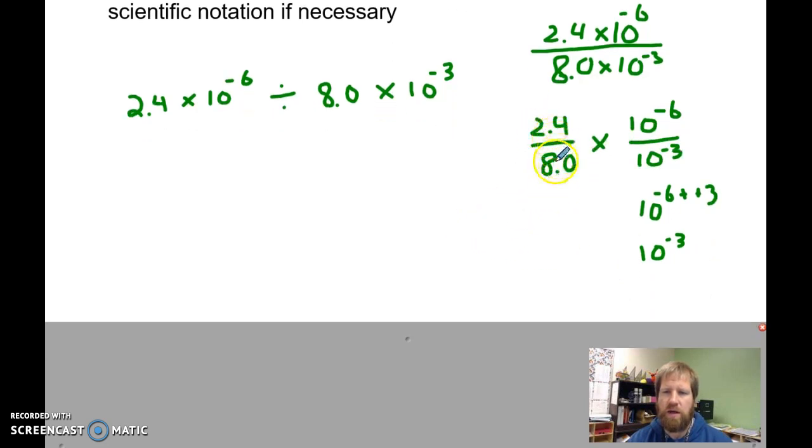Let's see. 8 doesn't go into 2.4, but it'll go into 24. So 8 goes into 24 3 times. So I'm going to need to have my decimal place over, right, because I'm moving my decimal place over. And that would be 0.3. So I'd have 0.3 times 10 to the negative 3rd.